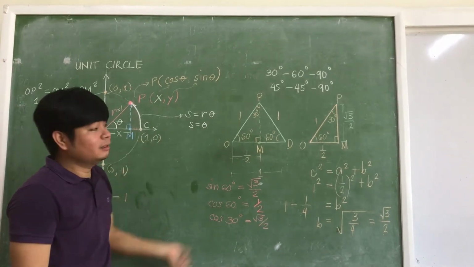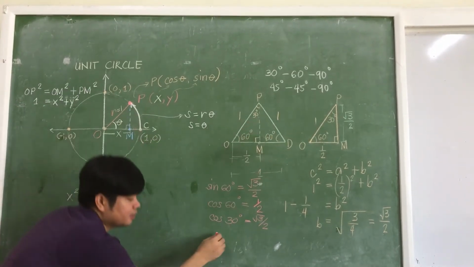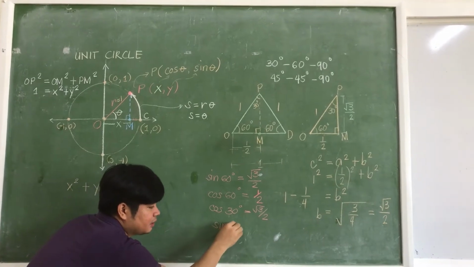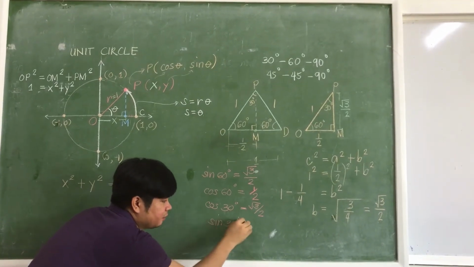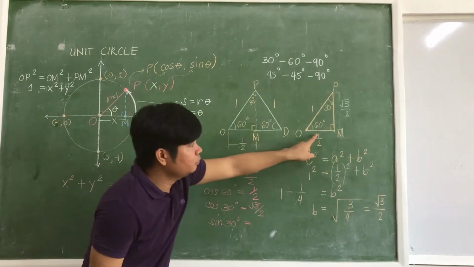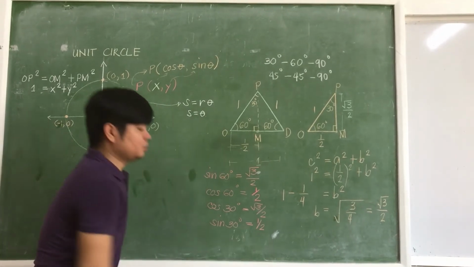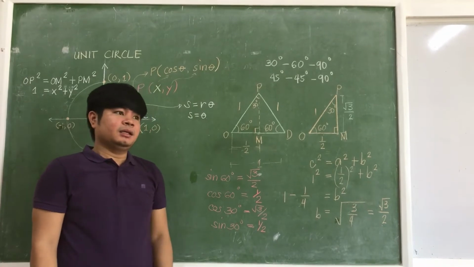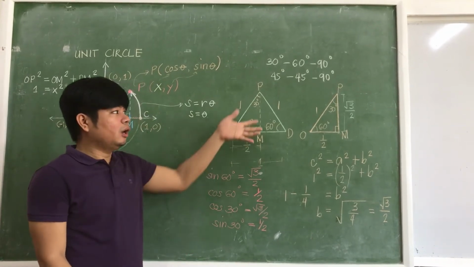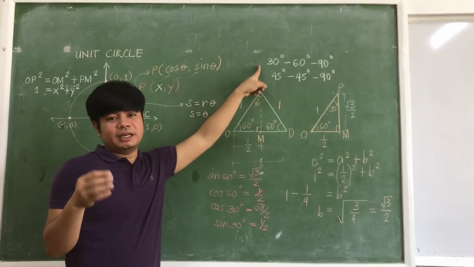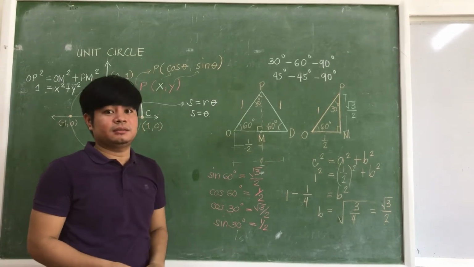And for sine 30 degrees, reference 30 degrees, sine 30 degrees is equal to the opposite side, 1/2. So that is the meaning. That is the implication of the 30 degree, 60 degree, 90 degree angle in the unit circle.